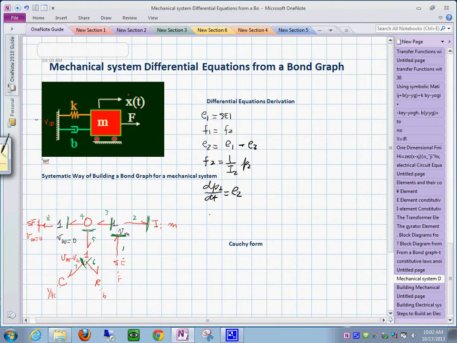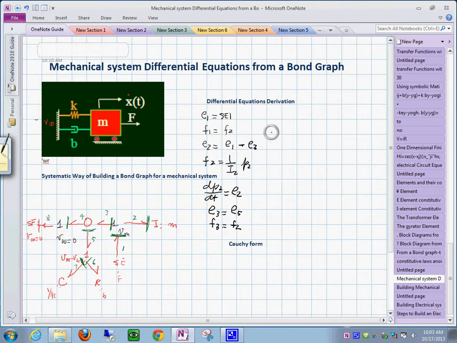Then I continue. I say E sub 3 is equal to what? To E5, right? Because of the causal here. What is F sub 3? F sub 3 is also F sub 2.